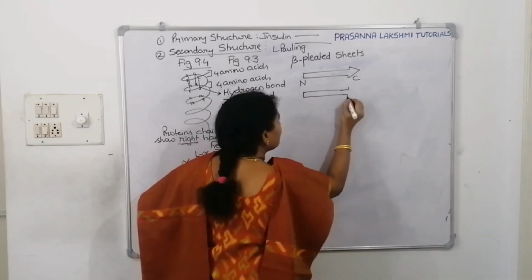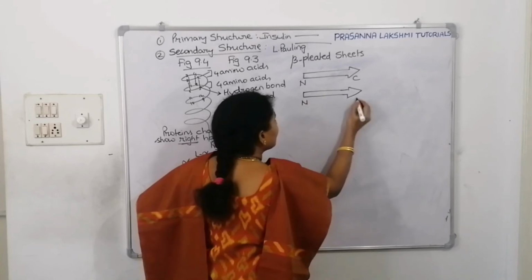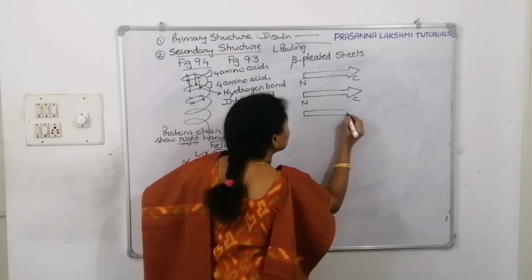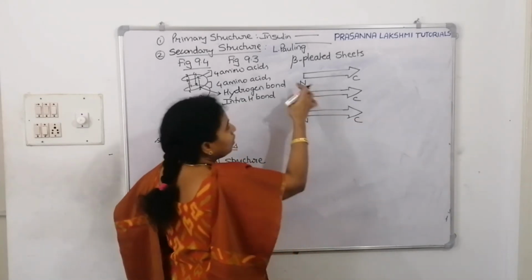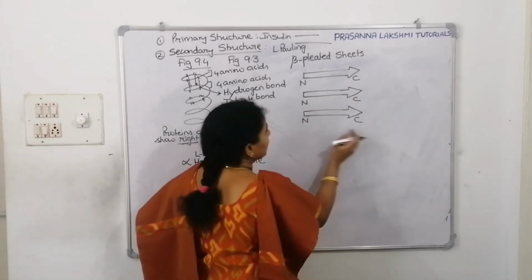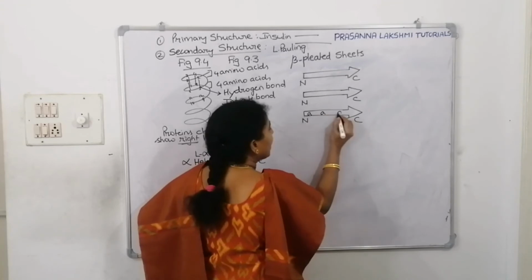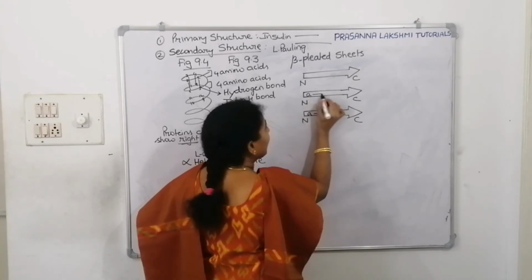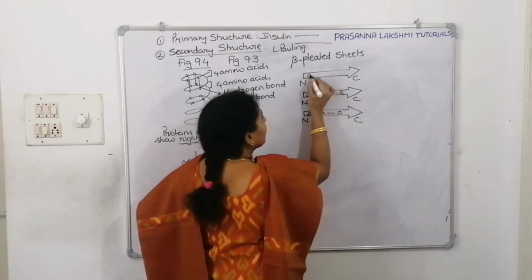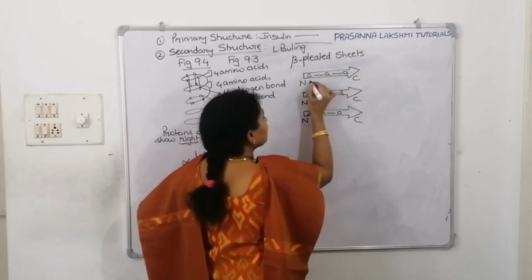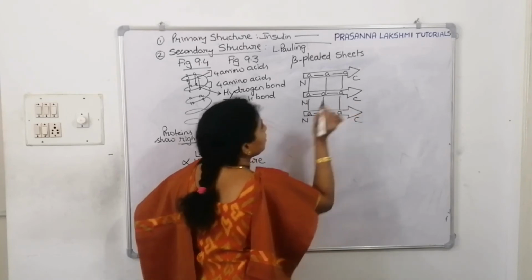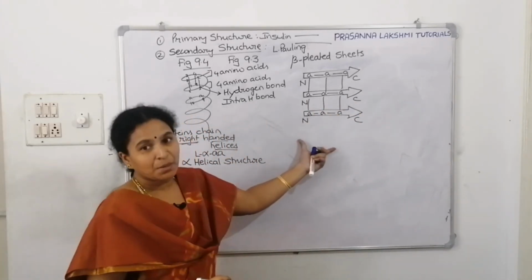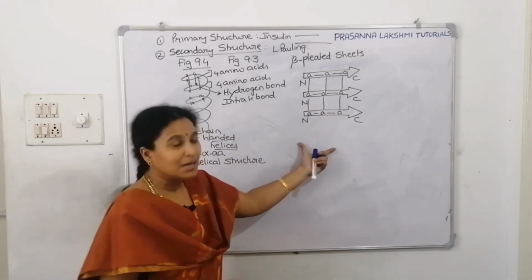If all the polypeptides have N-terminals towards one side and C-terminals towards one side, with amino acids joined by peptide bond and in turn connected by hydrogen bonds, such a type of beta pleated sheet is called a parallel beta pleated sheet.